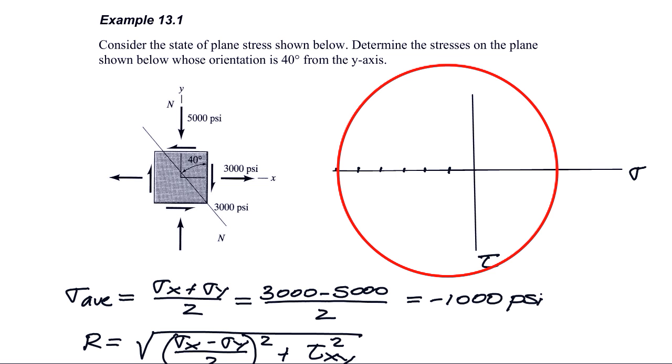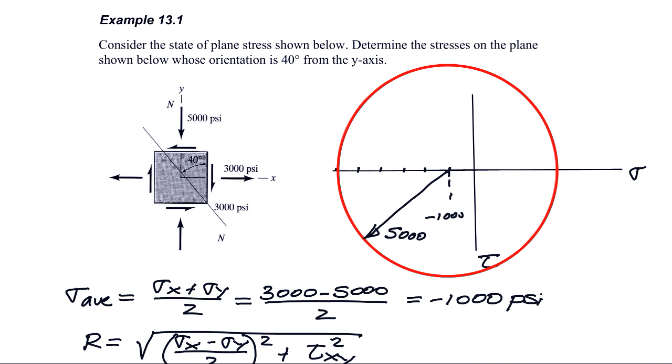So that's our Mohr circle. Again, the circle has a center at minus 1,000. The radius of this circle is 5,000.